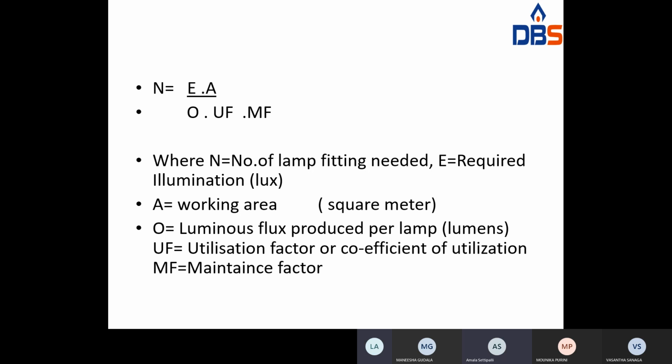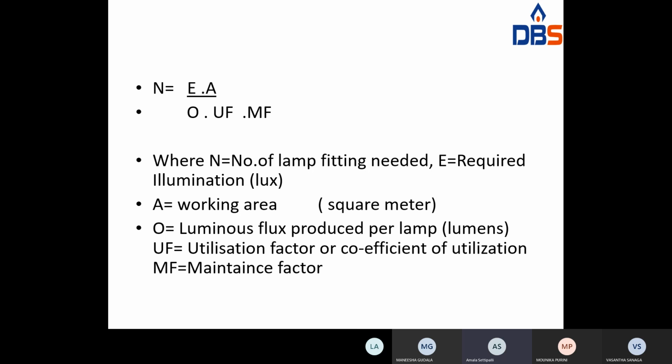So to find the number of lamps, you use this formula, and you must know the illumination. If you have to find E, you write these terms on the other side.